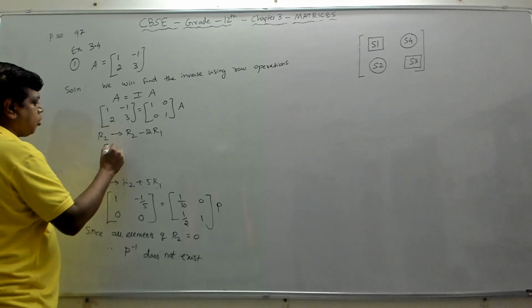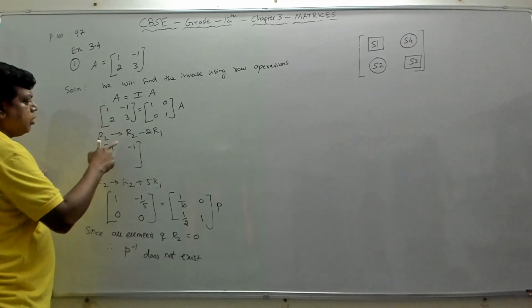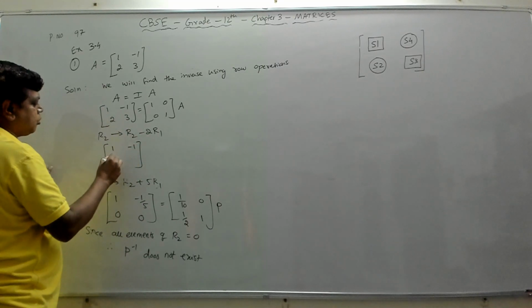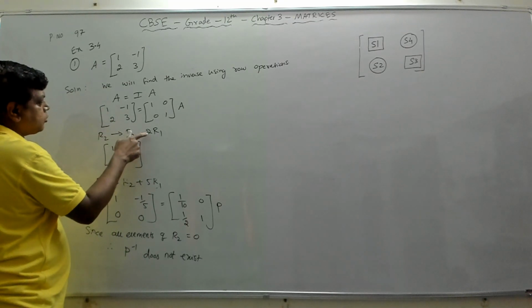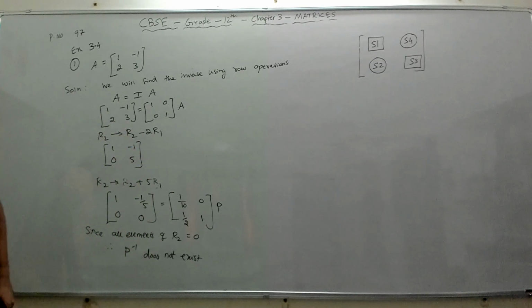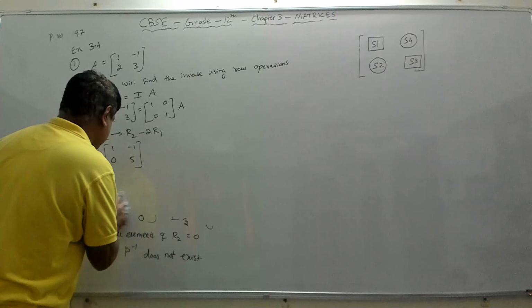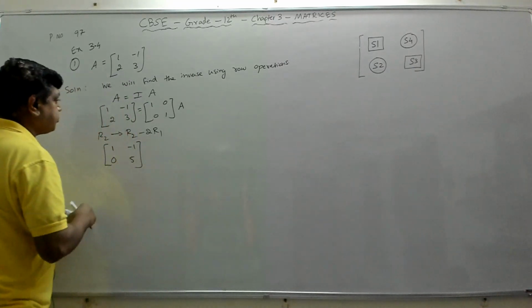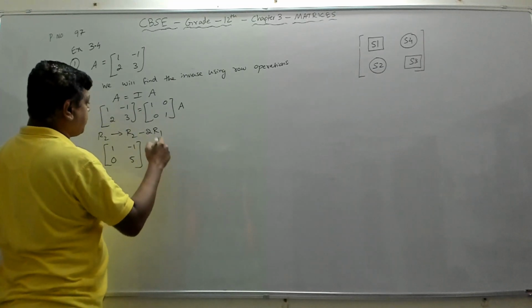So row 1, there is no change. Row 2 is row 2 minus 2 times row 1. So 2 minus 2 times 1 is 0. Then 3 minus 2 times minus 1, so 3 plus 2 is 5. We'll apply the same operation here.